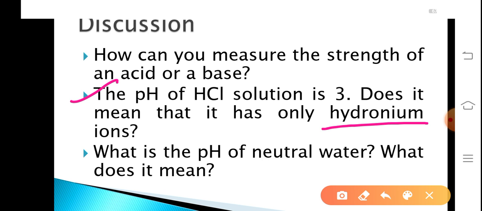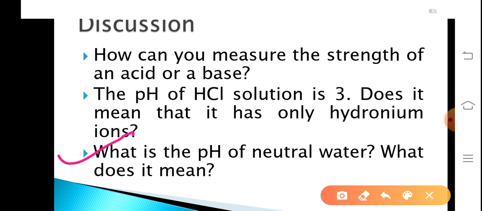In aqueous solution, water generates both proton and hydroxyl ions in equal amounts but at very small concentration. When acid is added to the water, the concentration of proton ions far exceeds those of hydroxyl ions. So it is very clear that if the pH of HCl solution is 3, it does not mean that it has only hydronium ions.